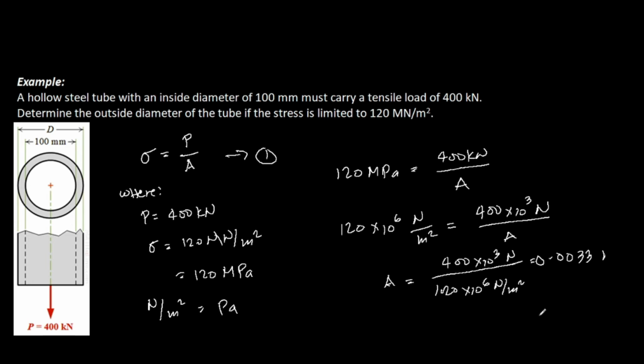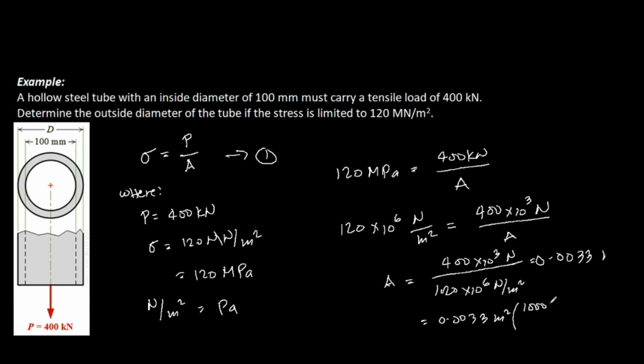However, the given inside diameter is in millimeter, so we convert meter to millimeter. So 0.0033 in meter squared, and 1000 millimeter is equivalent to 1 meter.